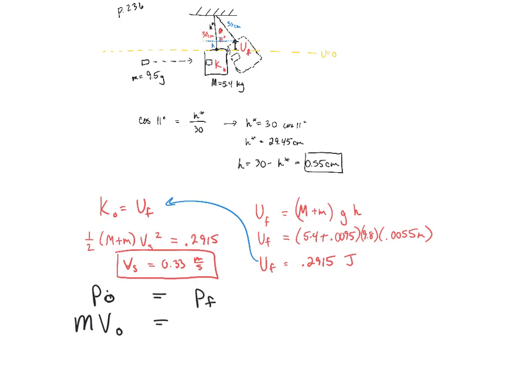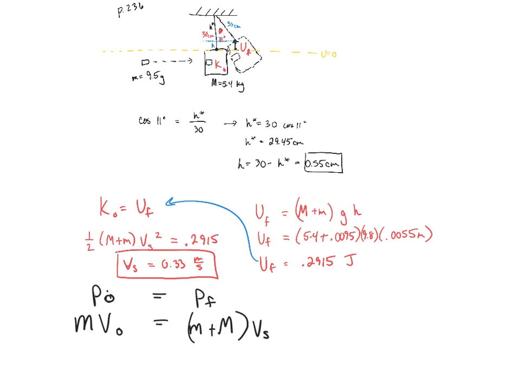So now we're considering this the beginning of the problem, and we're calling this the end of the problem for the collision problem. This is all about looking at the conservation of momentum in the beginning. This was looking at conservation of energy over here. So that's going to equal the momentum of the block-bullet system, which is M plus m times that Vs that we just got a moment ago.